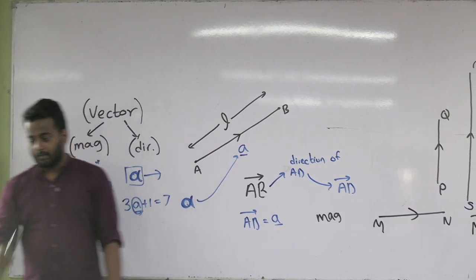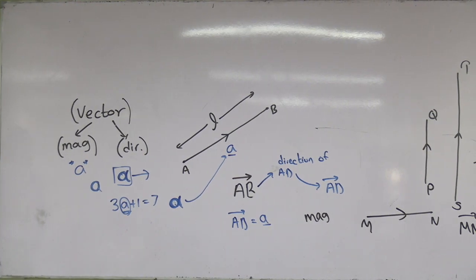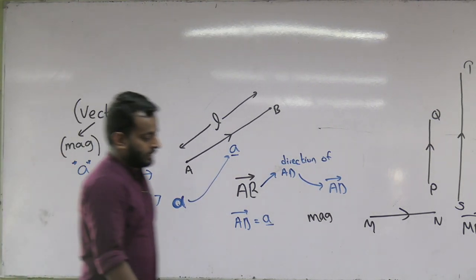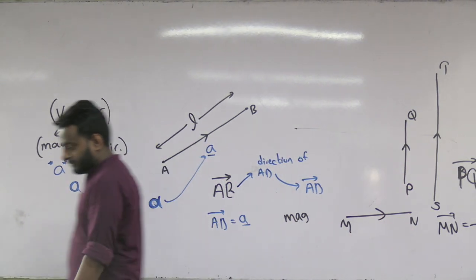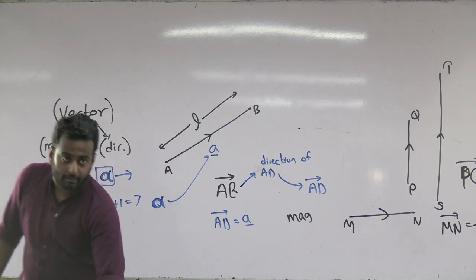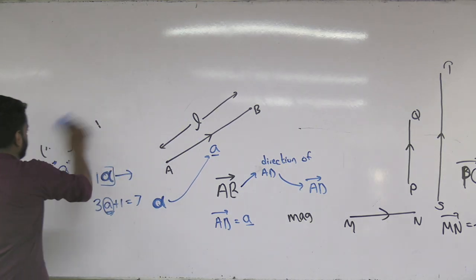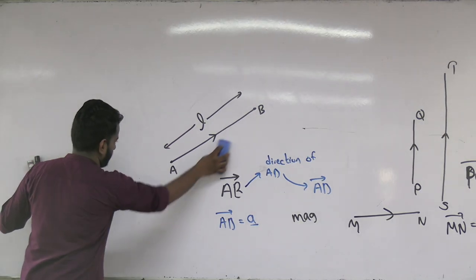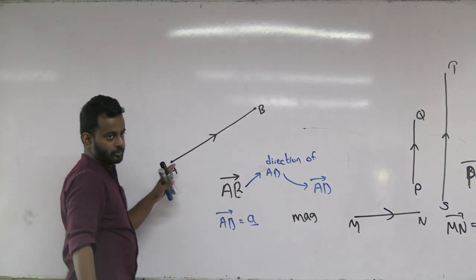Fine, right? Okay, we'll write below the notation of vectors. Below that, part 1, geometric representation of vectors. Just draw this line, that's it. Don't write anything else.